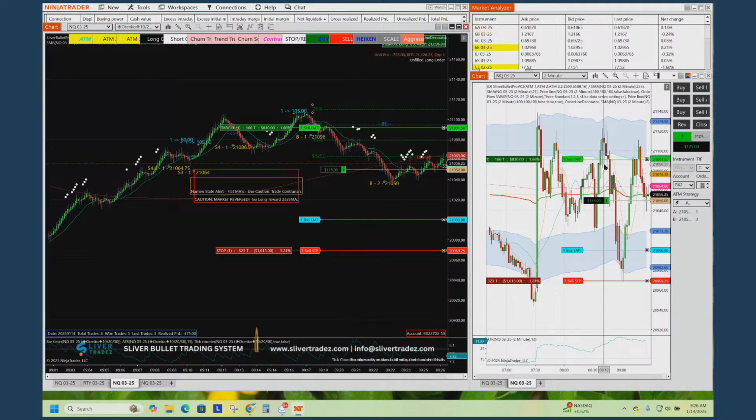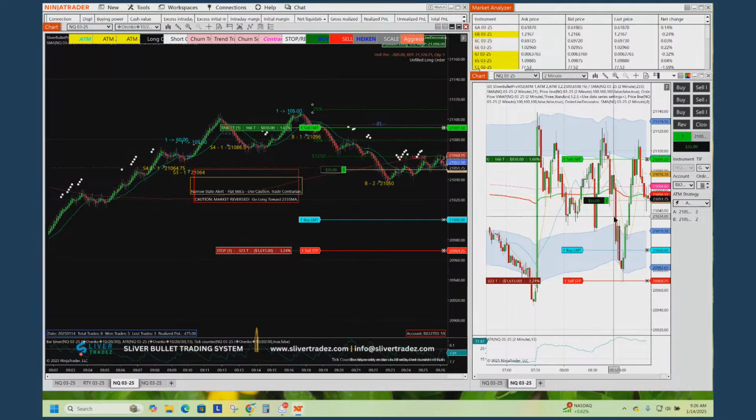Unless the market goes back up here and I salvage the trade for kind of break even. I can add to my position, but I'm not going to because the market is stuck in this range.